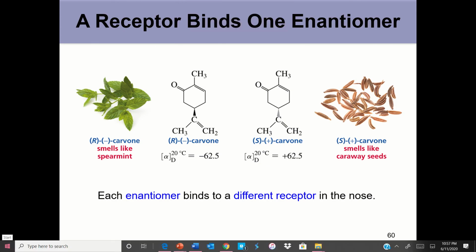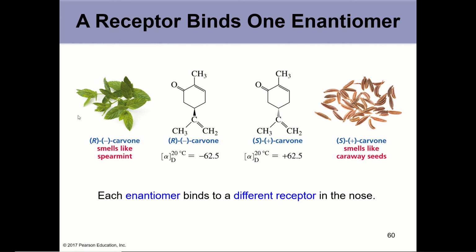A difference in enantiomers can either have a large effect or a small effect on certain properties. For example, R-carvone smells like spearmint, while S-carvone smells like caraway seeds. There's another example that we'll look at in OChem 2. We'll look at orange oil.